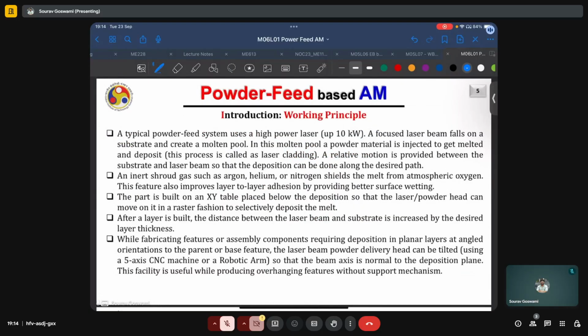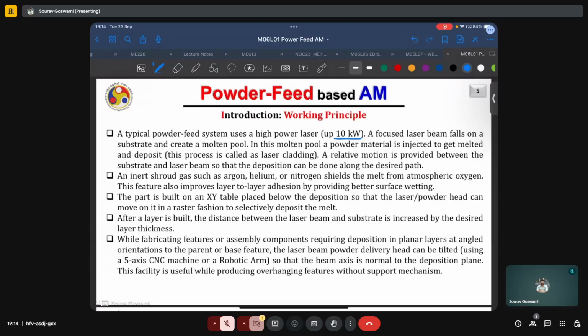Let us briefly discuss the working principle of powder feed based AM process. A typical powder feed system uses a high power laser, up to 10 kilowatts, but in practice, typically these powers will be 1000 watts or lower.